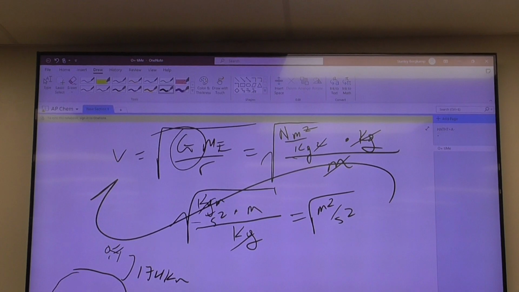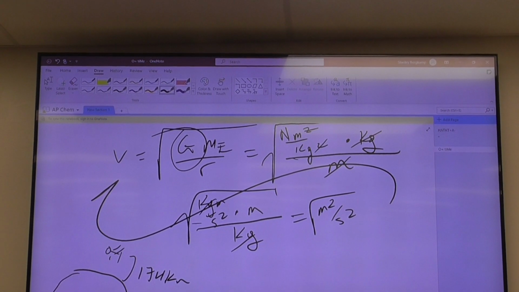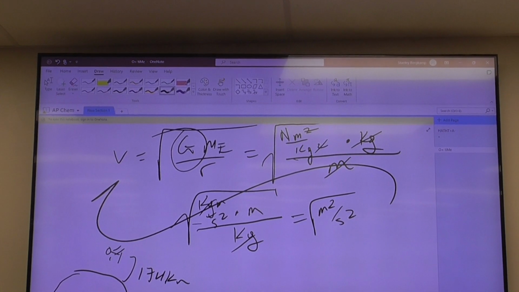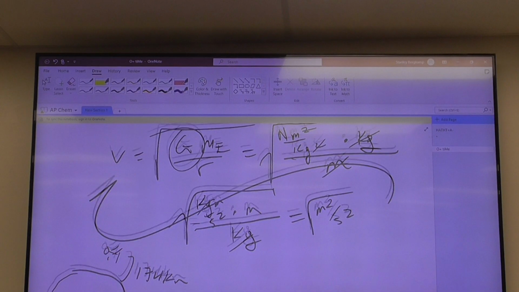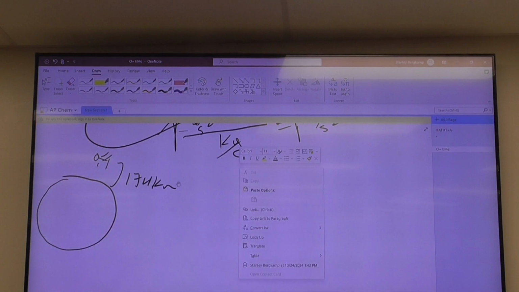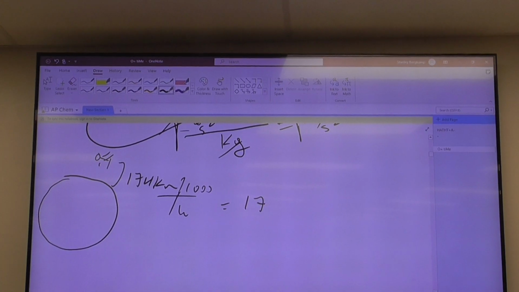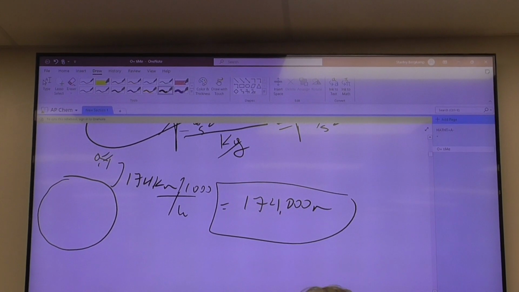So right away, what am I going to have to do with those 174 kilometers? Change that into meters. I promise you, that's the first thing you got to do. Multiply by 1,000: 1 kilometer is 1,000 meters, so I get 174,000 meters.